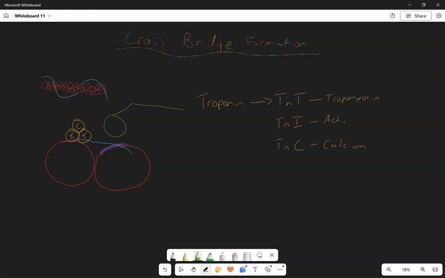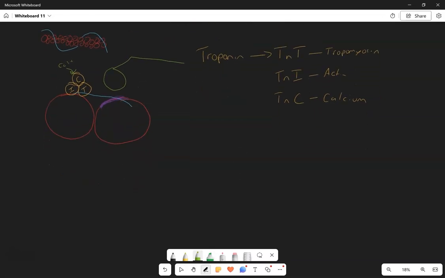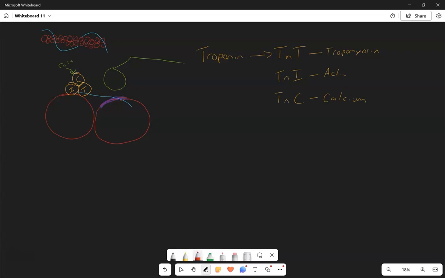So what's going to happen is that calcium is going to come in and bind to that calcium binding subunit of troponin. And what that's going to do is cause a conformational change in that troponin. Now, because troponin is attached to tropomyosin, it'll also cause a shift or a pull in the tropomyosin.